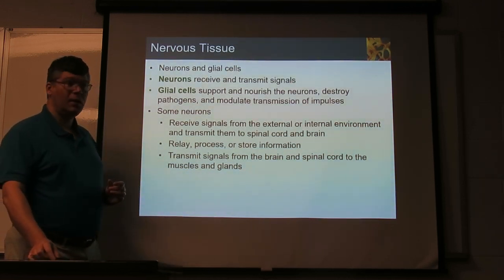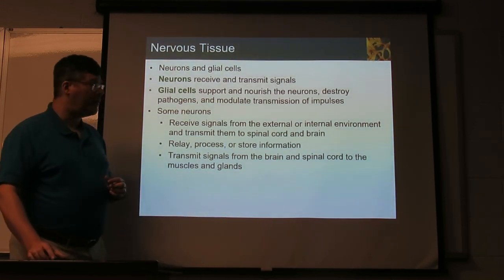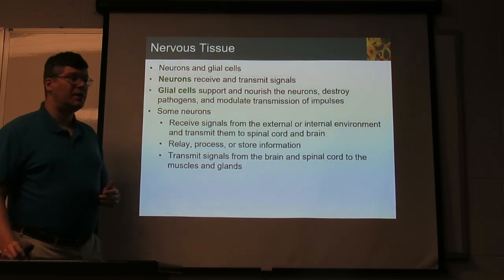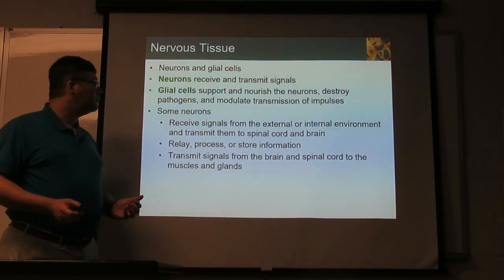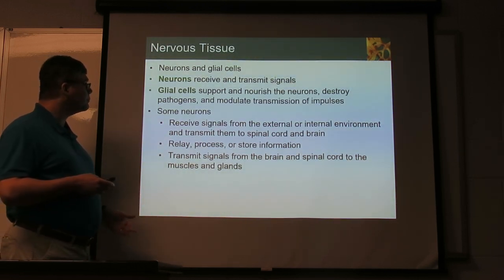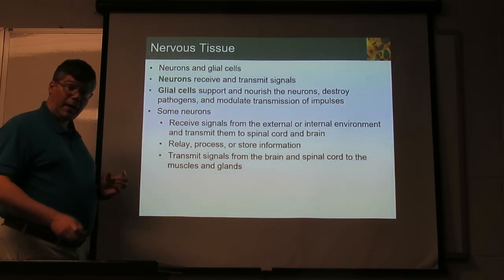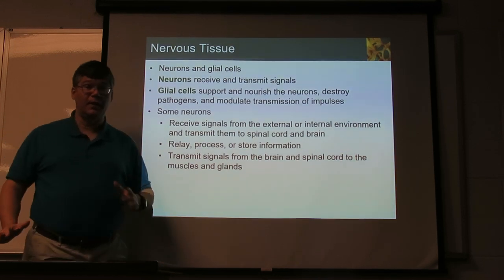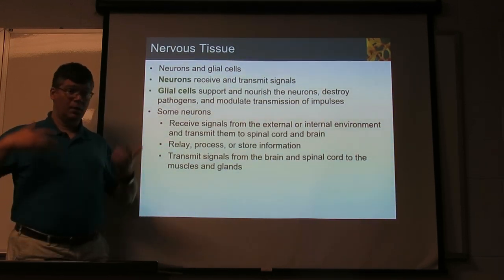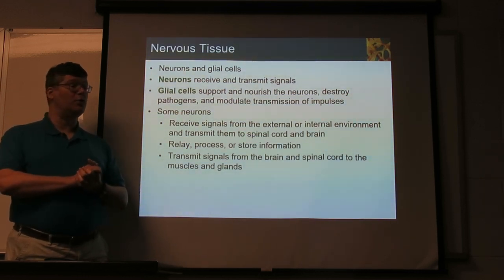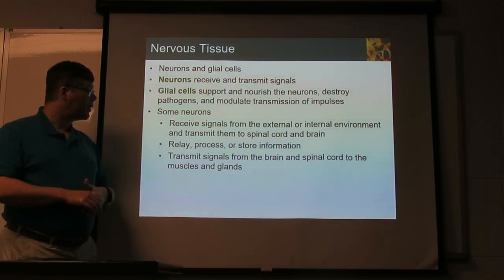But also, you might happen to get a signal from your tummy saying, I'm hungry. That's an important internal signal. Okay, once you get a signal, then that needs to be sent on to where it needs to go, for example, to the brain to decide what to do with them.